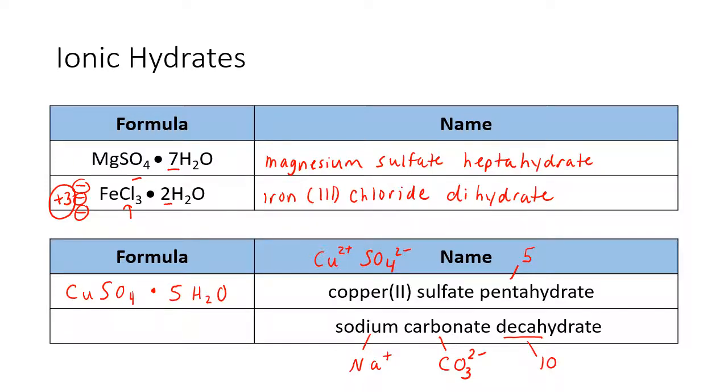So when we write our neutral formula for sodium carbonate, we're going to cross those charges, 1 after the carbonate, 2 after the sodium. Our formula will be Na2CO3 dot 10H2O. And that's how you name ionic hydrates.